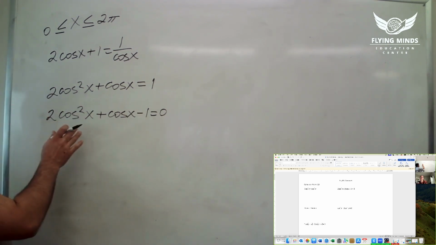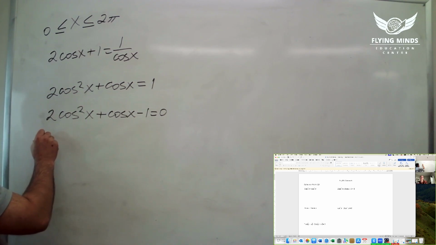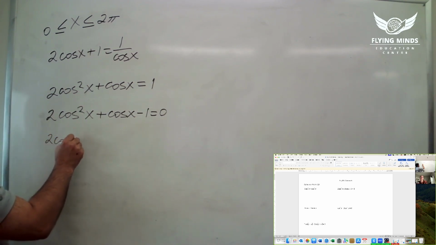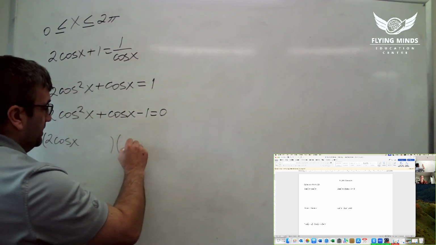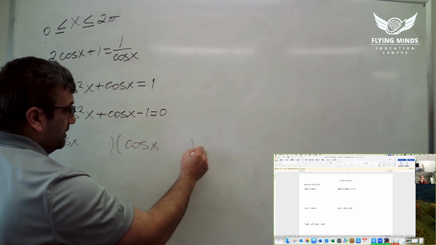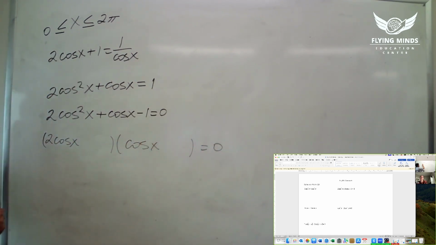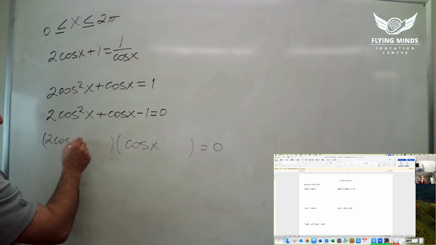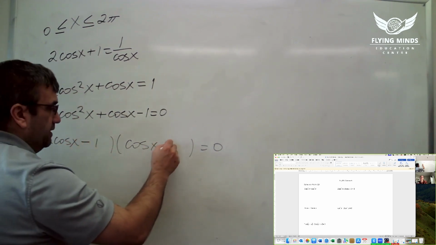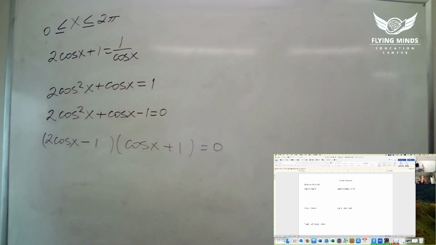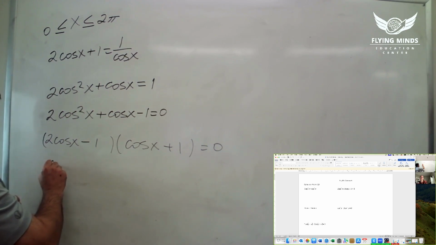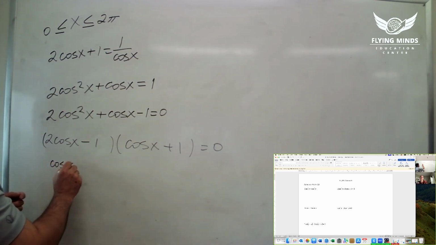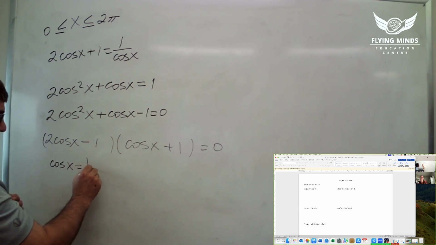Okay, so did you get a quadratic equation? At the end I got 2x minus 1 and x plus 1. So the first set of solutions will be cosine x equals a half.